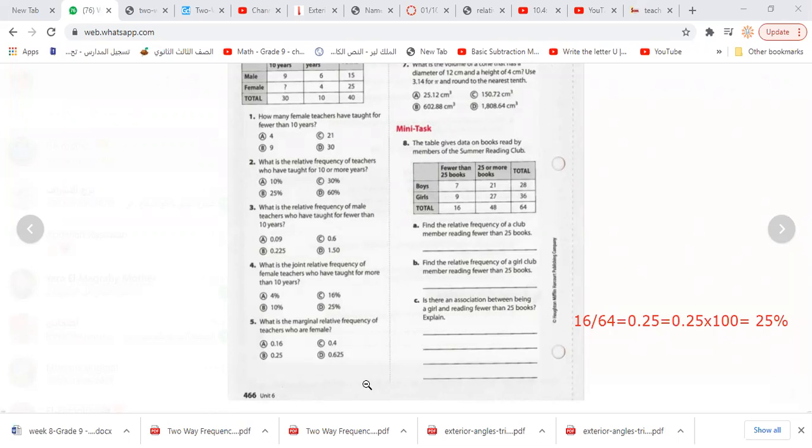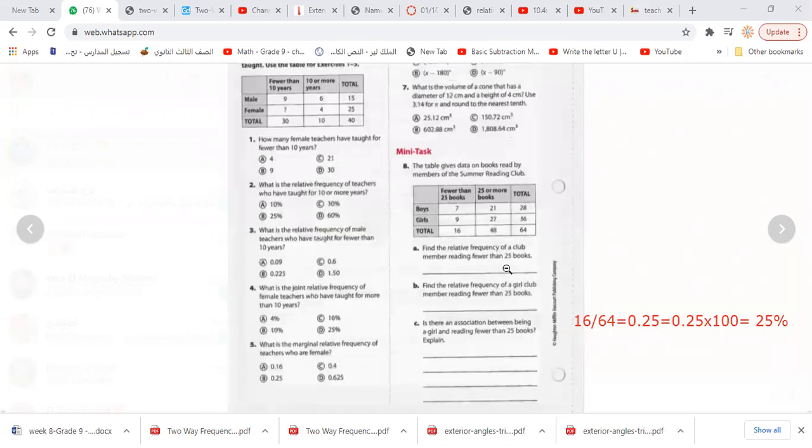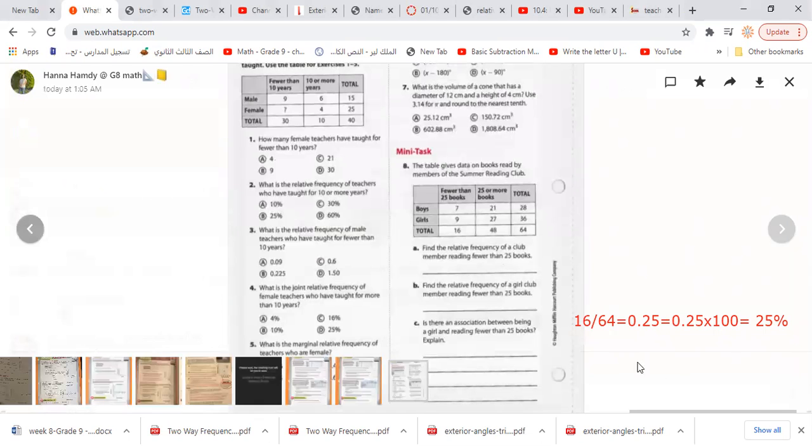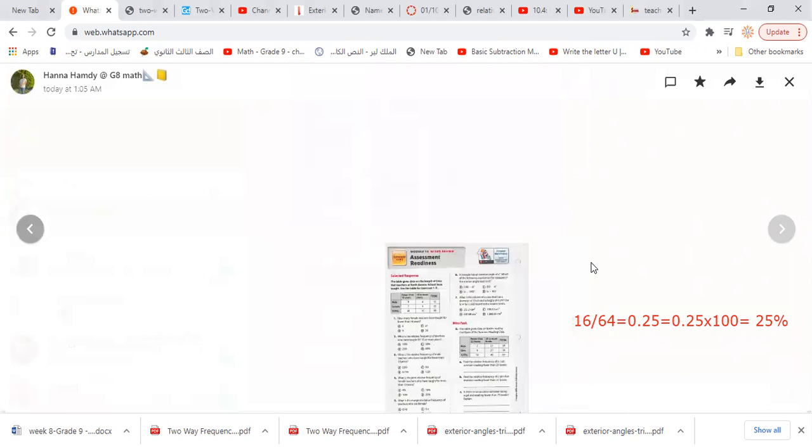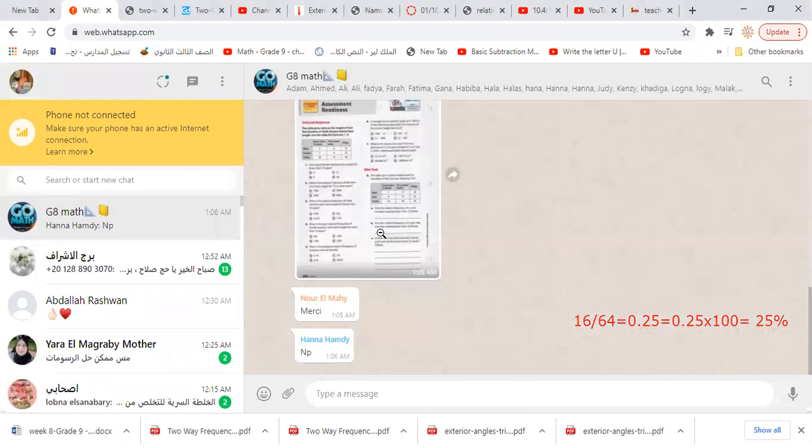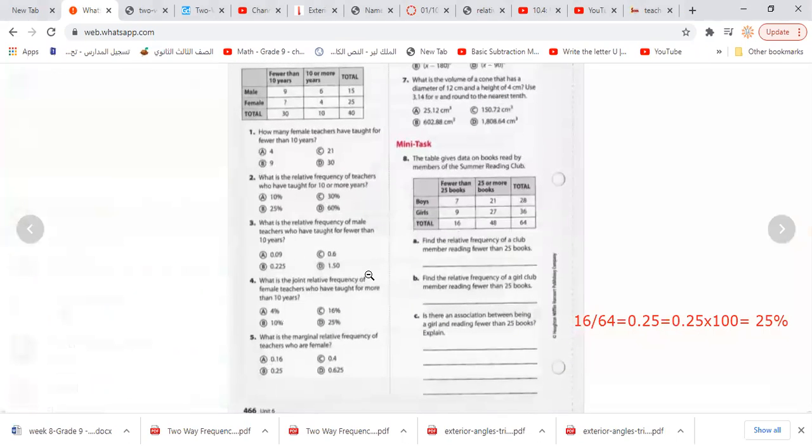Then it will be 9 over 36, which is 0.25, and in percentage form it will be 25%. Now, question number C.